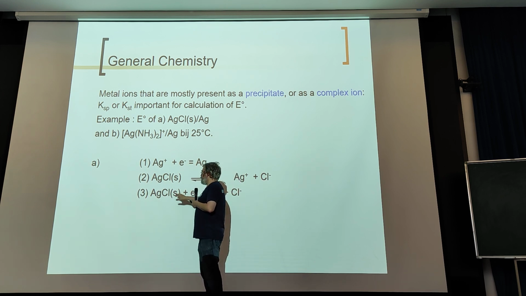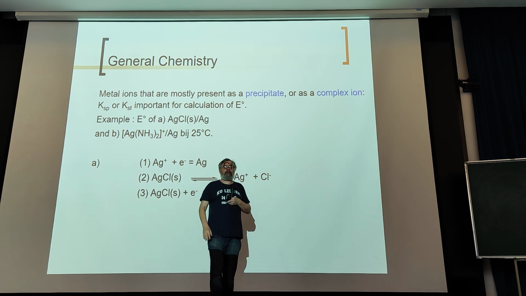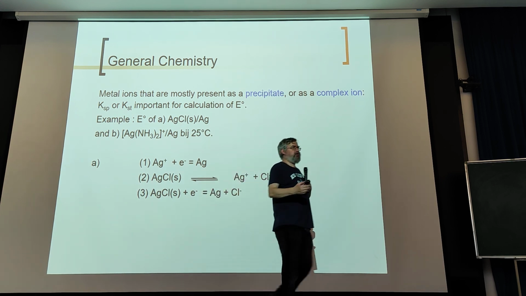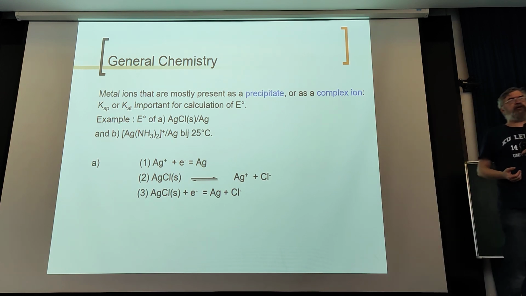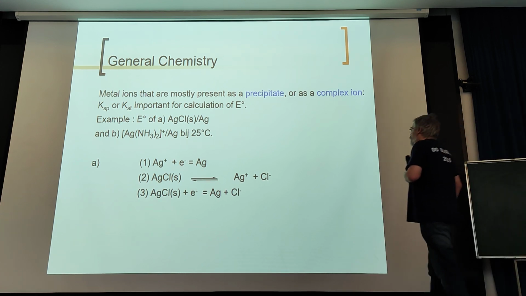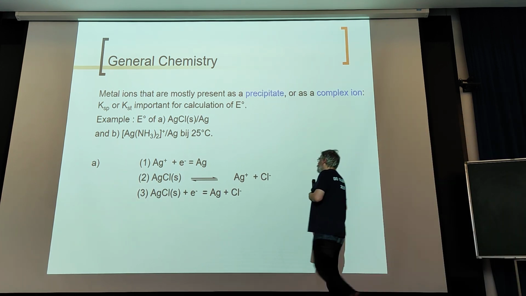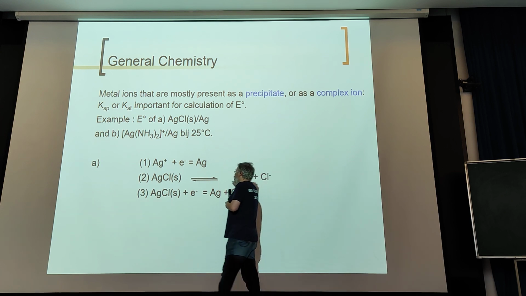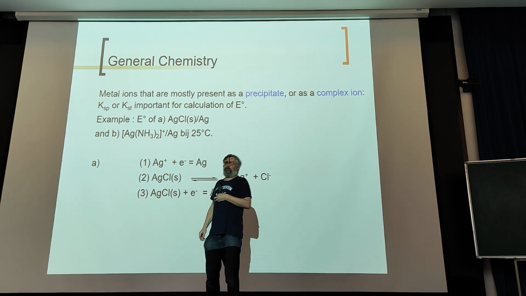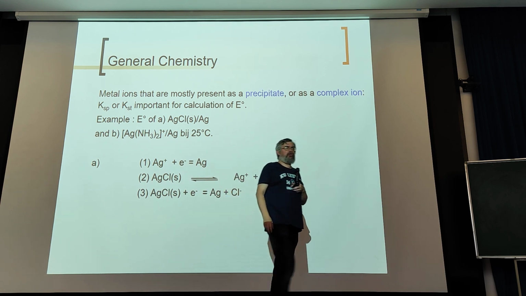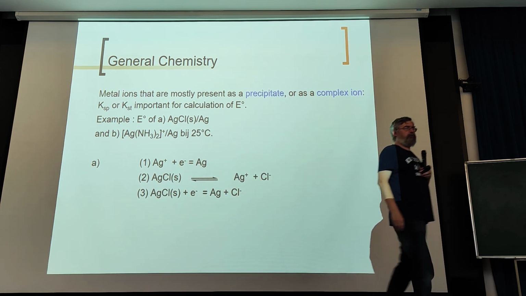But what about the same reaction but with silver chloride? So the silver is not free in solution but is a precipitate. Is this also working? And what will be the reduction potential? Now, to do that we have to involve a second equilibrium, and it can be shown that the third reaction is the sum of reaction 1 and reaction 2.